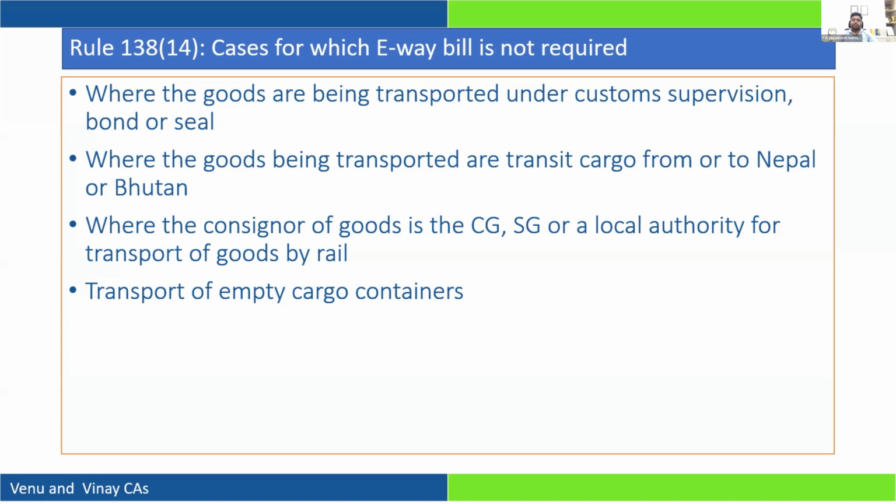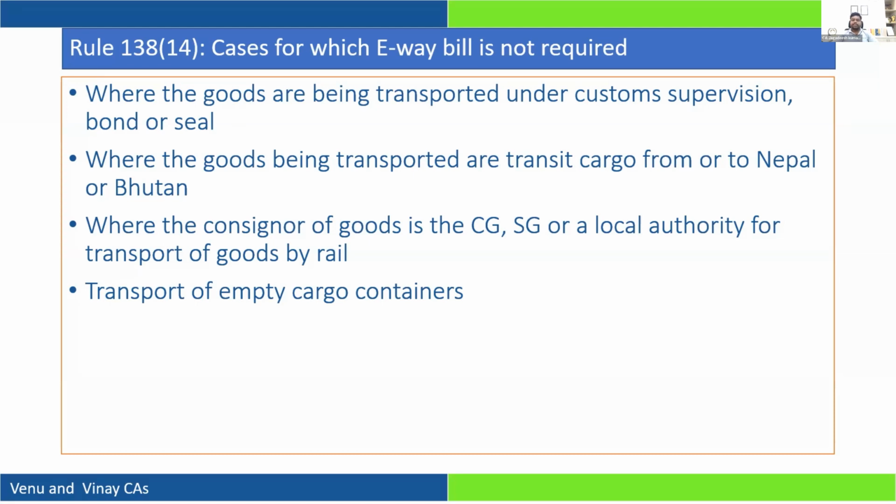From Kolkata port, the goods will travel through Indian land and reach Nepal or Bhutan. In this transshipment case also, the e-way bill is not required to be generated. Whereas where the consignor of the goods is the central government, state government, or a local authority, and for transport of goods by rail, in this case also it is not required.